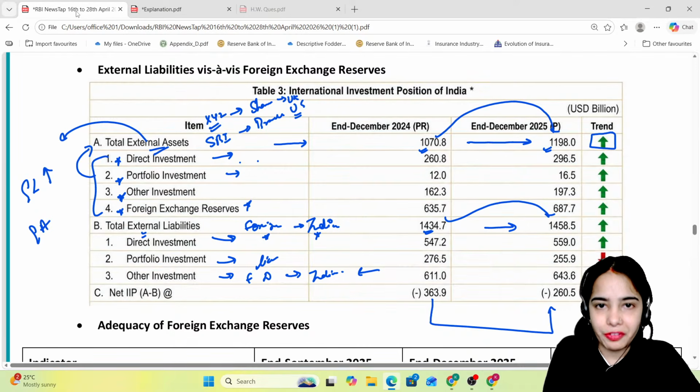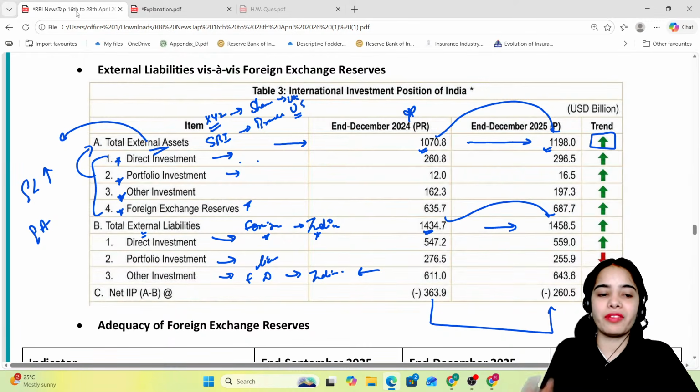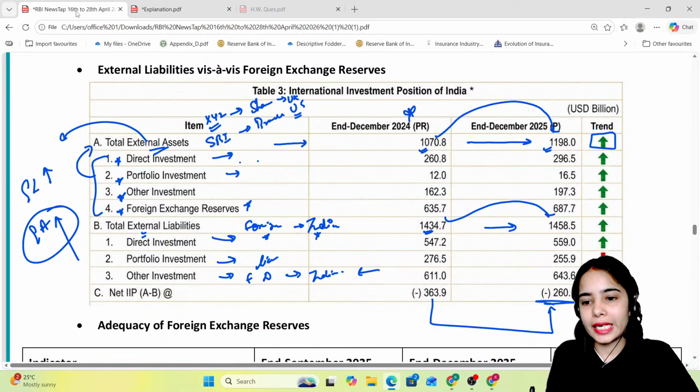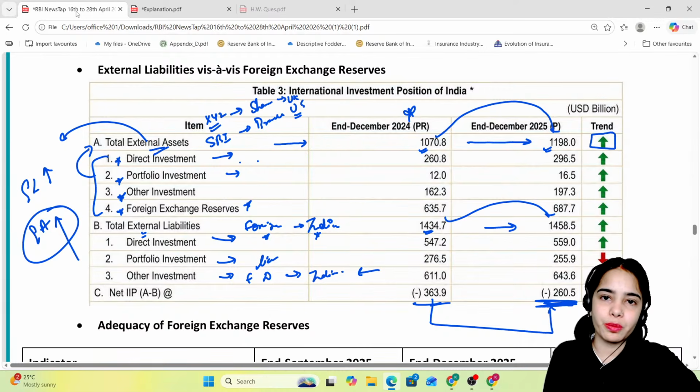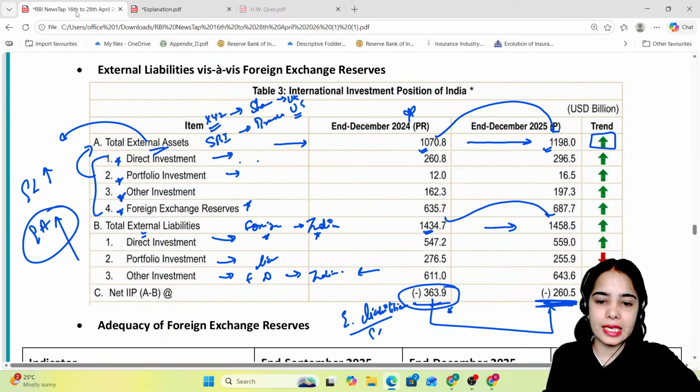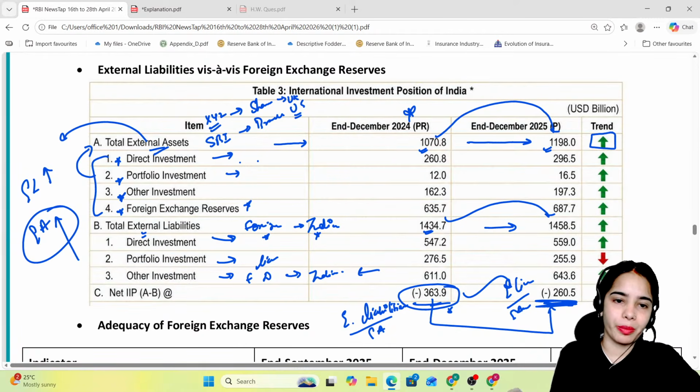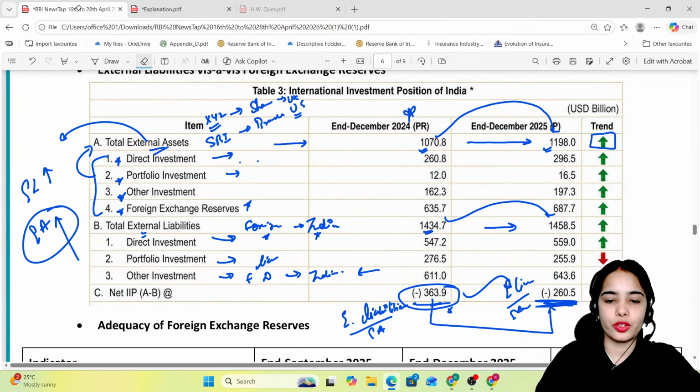But the increase that we are seeing from end December 2024 to end December 2025 is higher in the external assets, due to which the negative net international investment position has basically improved. Before, we had higher external liabilities against the external assets, and we still do, but the value has decreased to some extent. This is the basic idea. Any confusion?